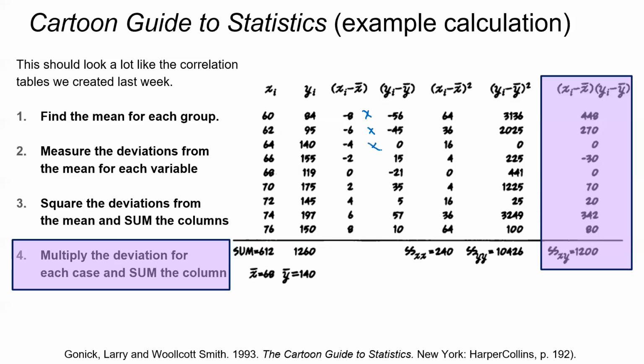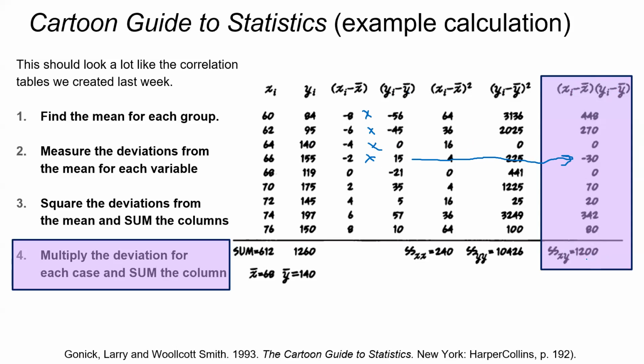Negative 4 multiplied by 0 is 0. Negative 2 multiplied by 15 is negative 30. So that's where each of those scores come from. This is the product of the deviations for each case. And then we add them together and we get 1200.